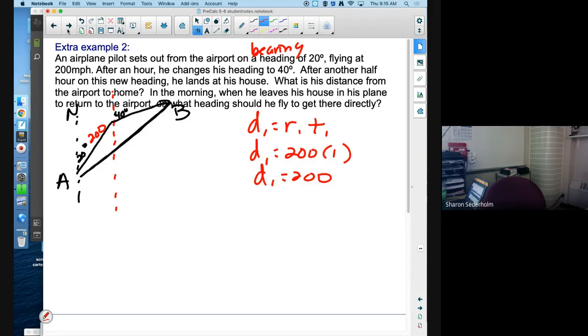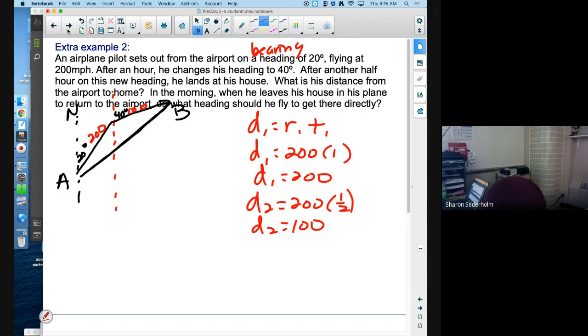That side is 200. And when they change direction after another half hour, so distance 2, 200 times a half is 100. Good news, we have 2 side lengths.